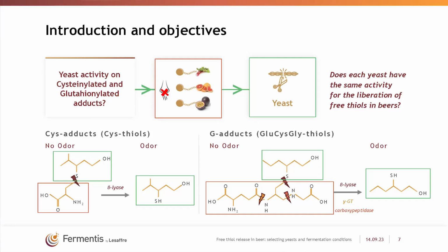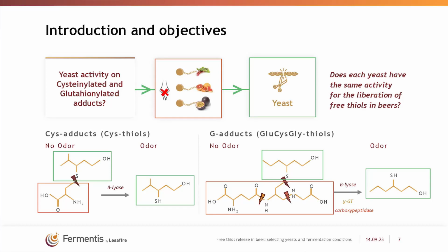But with the action of the yeast, and as a yeast supplier I'm quite happy about that, the yeast has the ability, through some enzymatic activities, to break down the chain and release the thiols in the beer. So it releases a very aromatic compound.